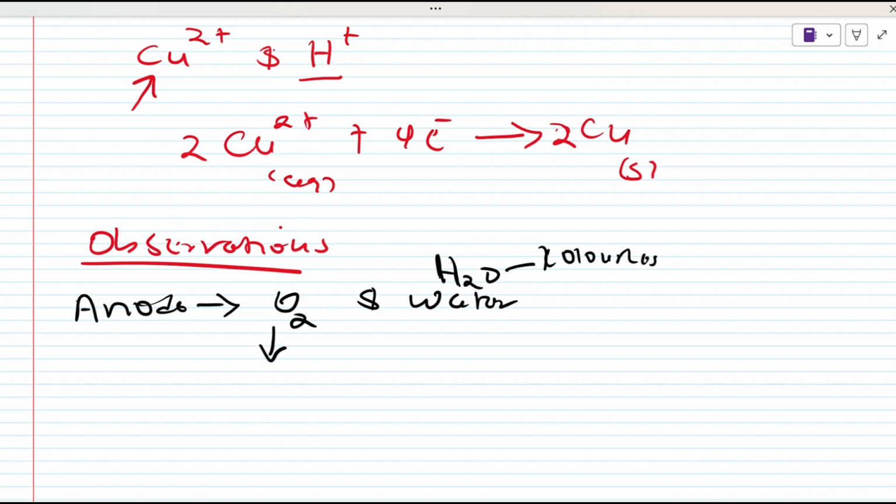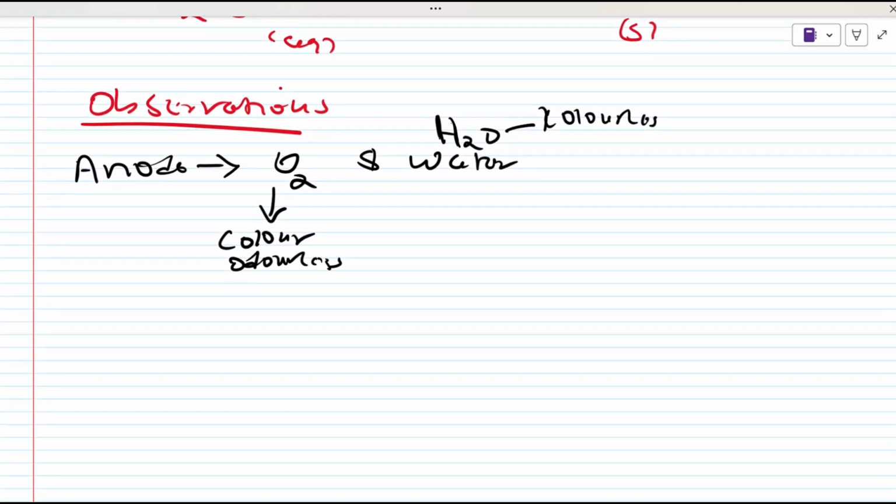Oxygen is also a colorless and odorless gas. But we can justify its production through observation of bubbles at the anode electrode.